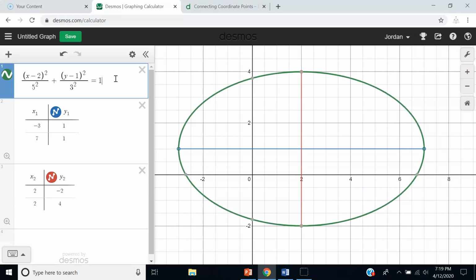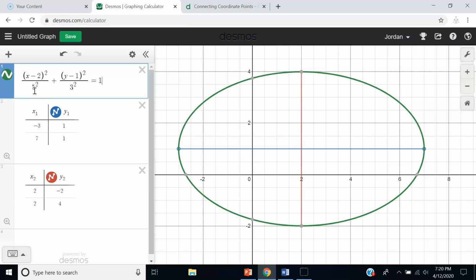So what I've done is I've graphed an ellipse in this window. What I've done in green here is the actual ellipse. Now, you'll notice that in my case, underneath this ellipse, if you look really closely, I have a 5 squared underneath the x part and a 3 squared underneath the y part.